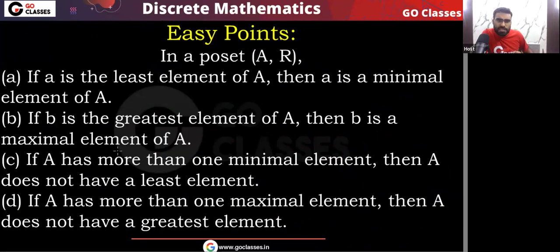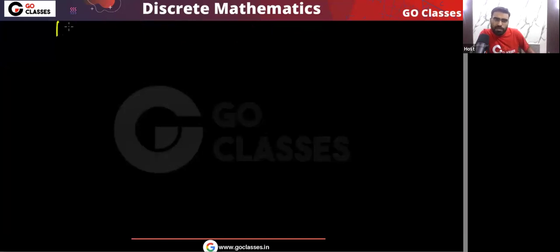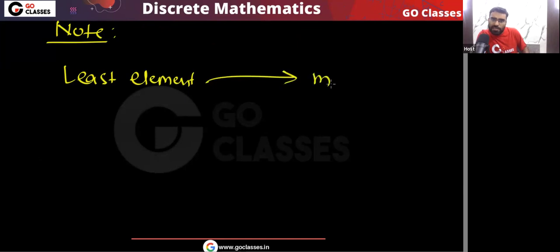Can I say every least element is minimal? Tell me, simple point. If you have a least element, then that is minimal also. Yes, of course. Can I say a minimal element is a least element?